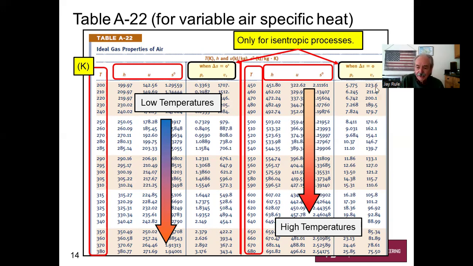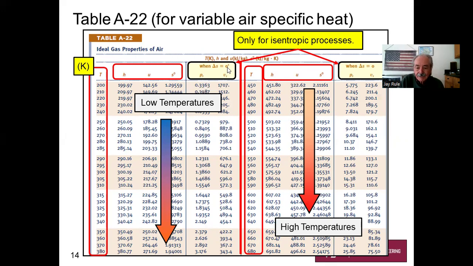There's a very special thing that you need to be aware of. Look at the column headings, PR and VR. Notice above those it says when delta S equals 0, and that little footnote 1 applies simply to the academic reference for the data.